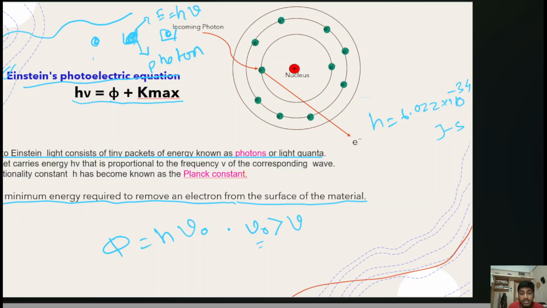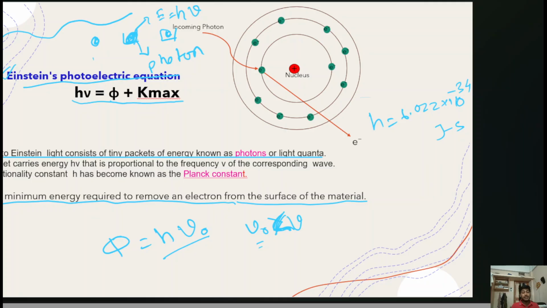It means the electron will not be ejected from the metal surface. If it is greater than the threshold frequency, electrons will be ejected. So h nu naught is called phi, the work function of the material.